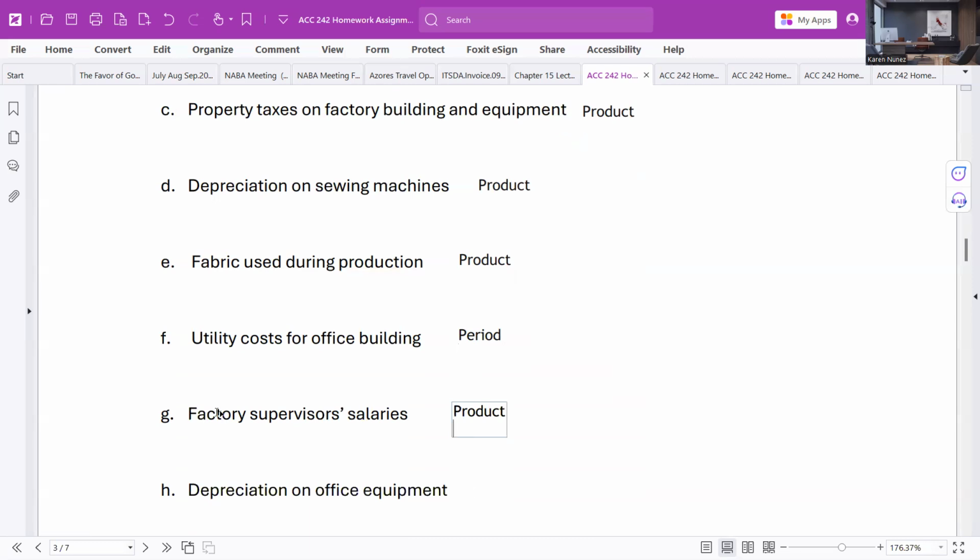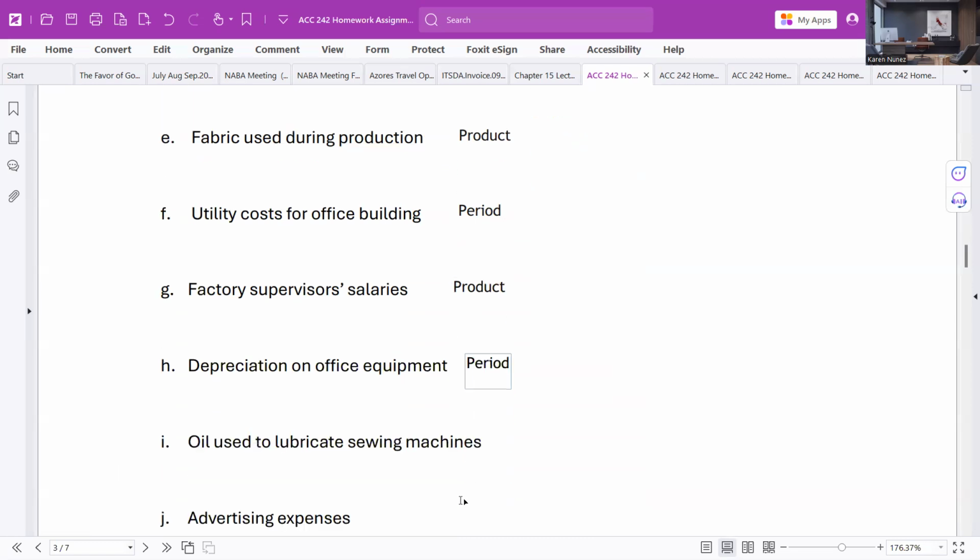You've got depreciation on office equipment. So again, it's in the office, not in the plant, not in the factory, but in the office. That is a period cost. And then you've got oil that is used to lubricate the sewing machines. Well, the sewing machines are used in manufacturing the product. That is going to be a product cost.